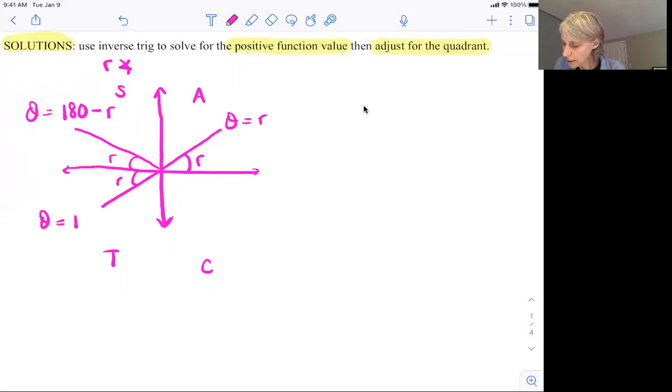So it's a little bit different than when we were setting up function values. And if we want the value of our solution in the fourth quadrant, theta is going to equal 360 minus r. We can do this in terms of degrees, and sometimes we're going to be asked to do it in terms of radians. So if you get your answer in degrees, you should be able to convert it to a radian measure if needed.